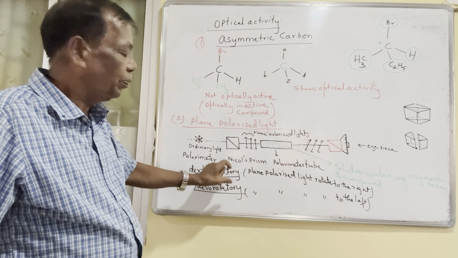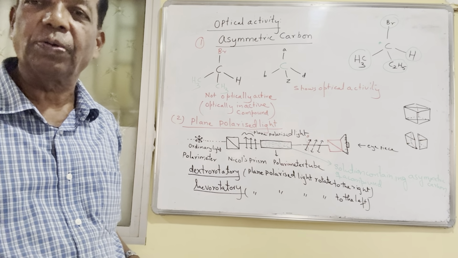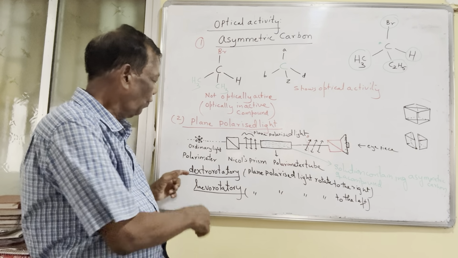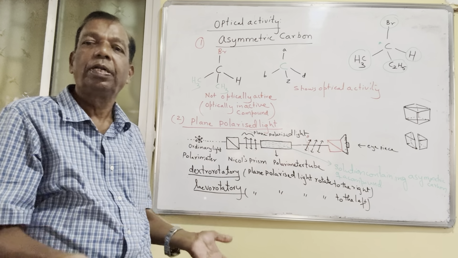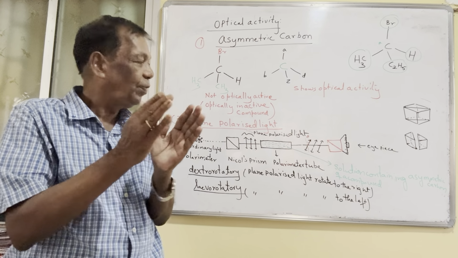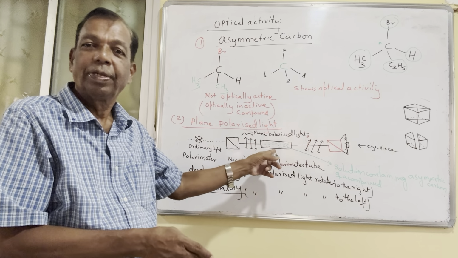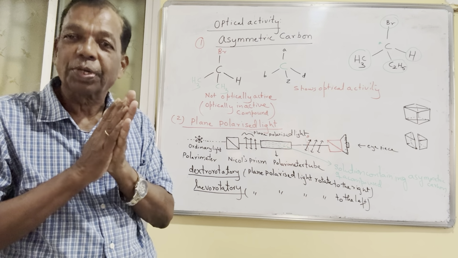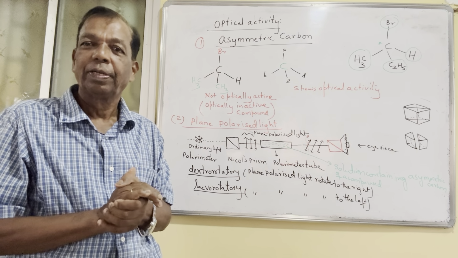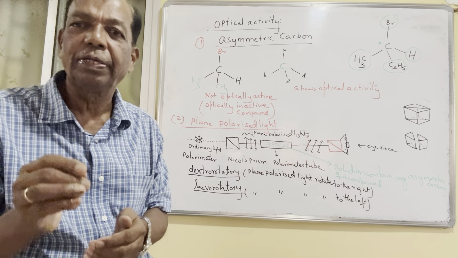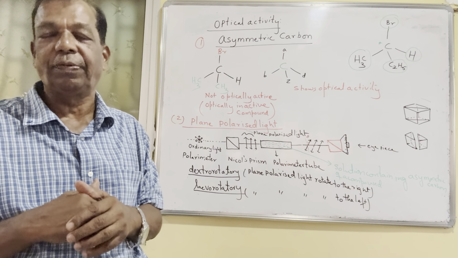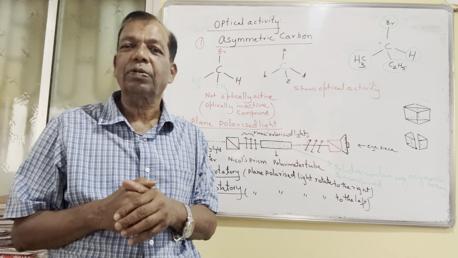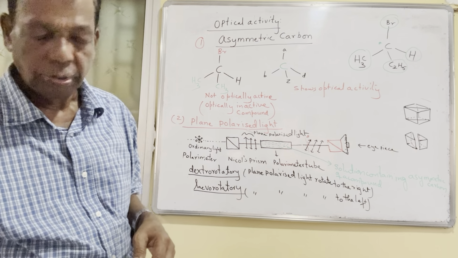Now, if you mix these two in equal quantity, suppose you take 50 ml of this dextro and 50 ml of levo, and put it here, then there won't be any rotation seen. That compound will be called optically inactive, and that is called a racemic mixture.